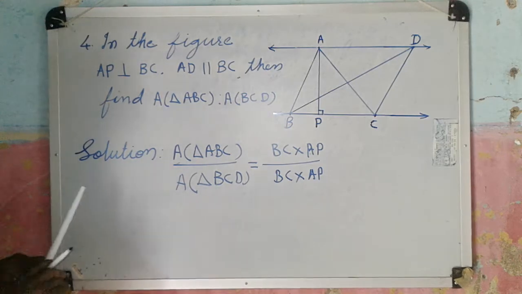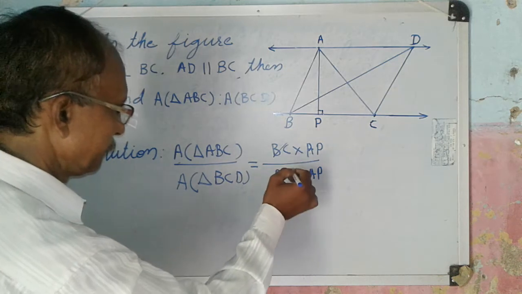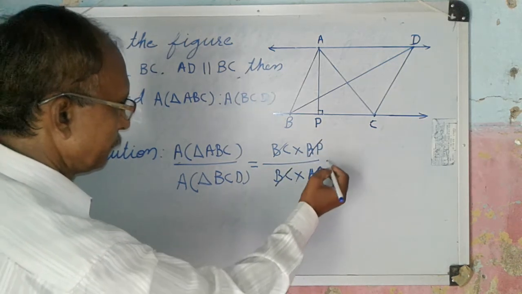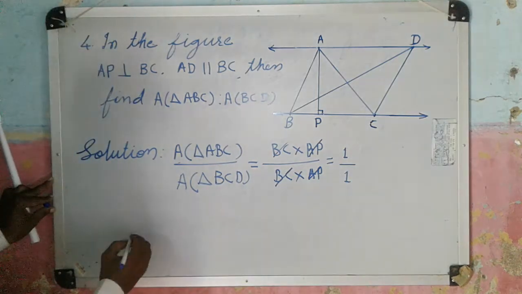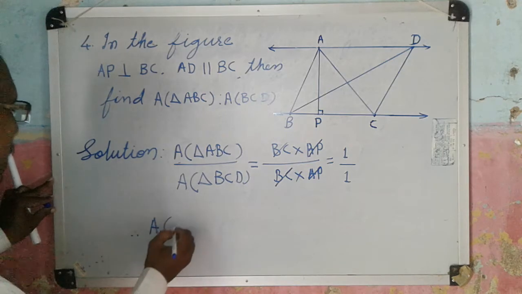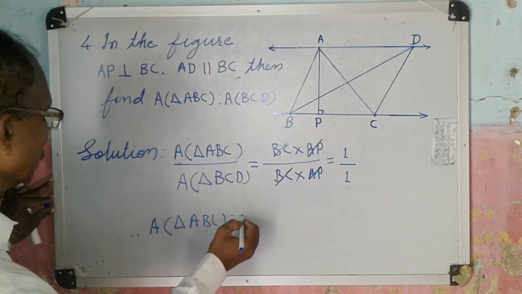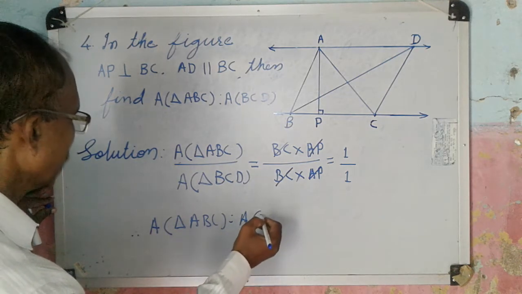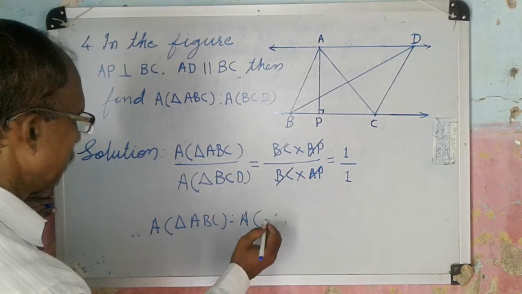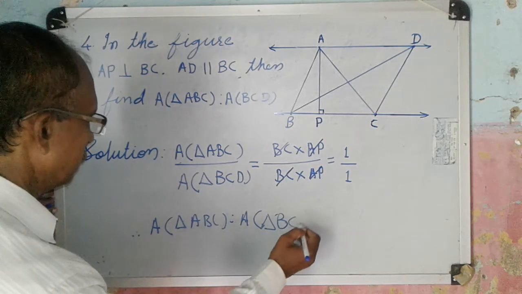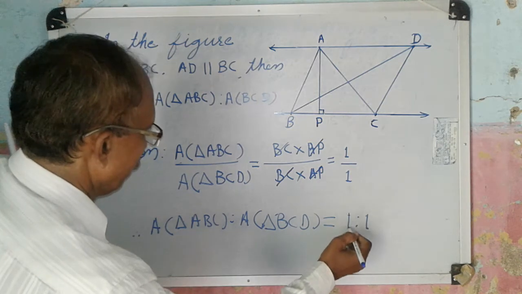So if we cancel the similar terms, here we get, and therefore area of triangle ABC is to area of triangle BCD is equal to 1:1.